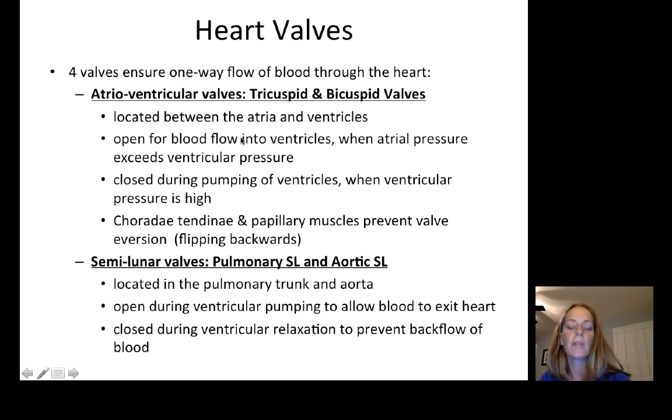These are open for blood flow into the ventricles when the atrial pressure gets high. In other words, when the atria get full enough, they will push the AV valves open to allow the ventricles to fill. When the ventricles then pump, they're going to increase pressure in the ventricles, and that's going to close the valves to make sure that blood doesn't backflow into the atria.